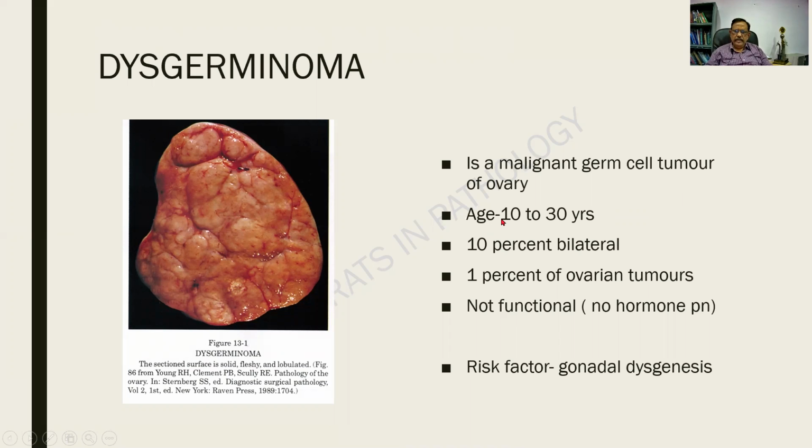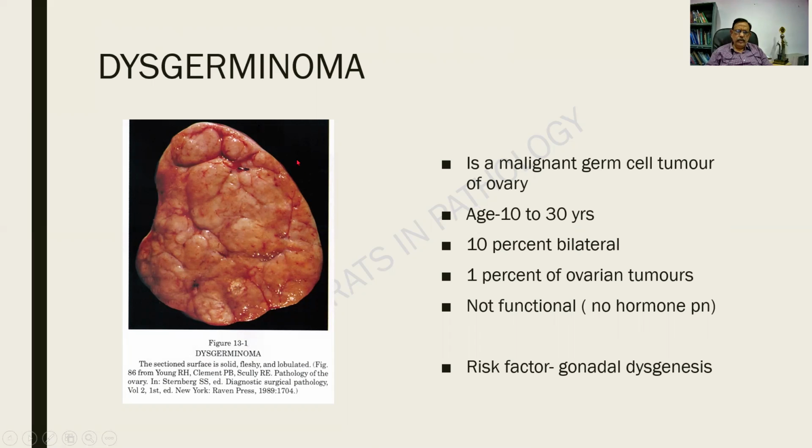The common age is about 10 to 30 years, but it can occur beyond that, 40, 50 years also. 10% of the tumors are bilateral. And it is rare, it forms only 1% of the ovarian tumors. It is not functional in the sense there is no hormone production. The risk factors, there can be a gonadal dysgenesis which can lead on to this tumor.